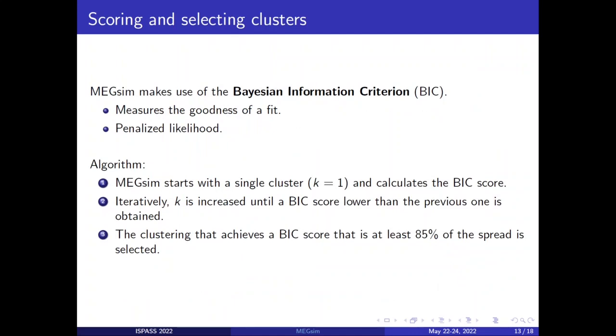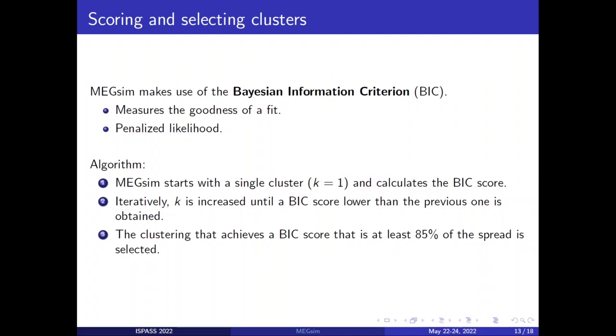In order to determine if a set of clusters is a good fit for the data, MEGSim makes use of the Bayesian information criterion, or BIC, which is a penalized likelihood that measures the goodness of a fit. The algorithm that we have implemented is very simple. We just start with a single cluster and calculate the BIC score.